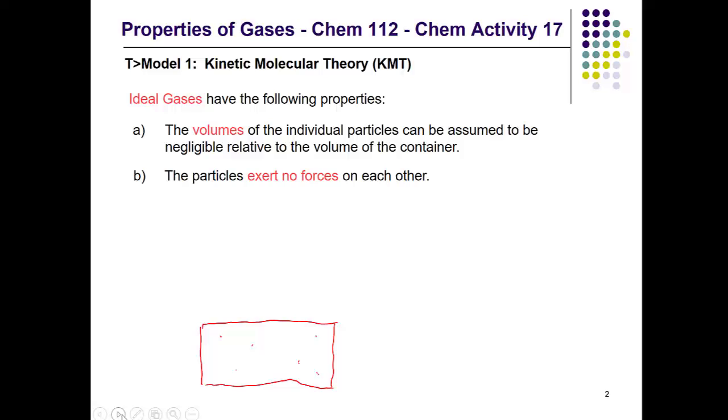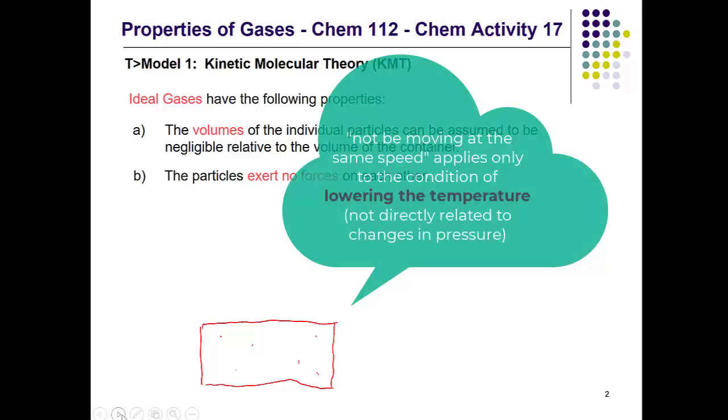Under conditions, for example, of really low temperatures or really high pressures, you'll be bringing the gas particles closer together. They won't be moving with the same sort of speed because their average kinetic energy is less. Also, there's a chance of them exerting forces of attraction or repulsion on one another.